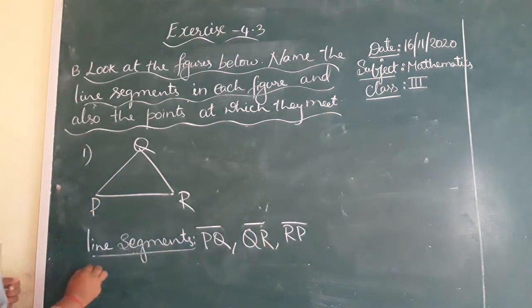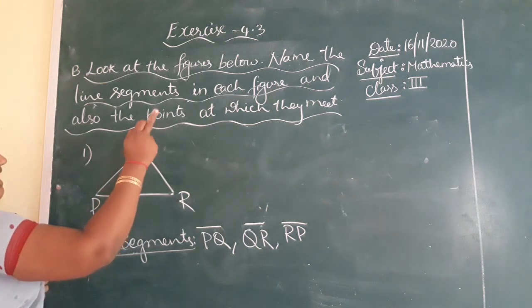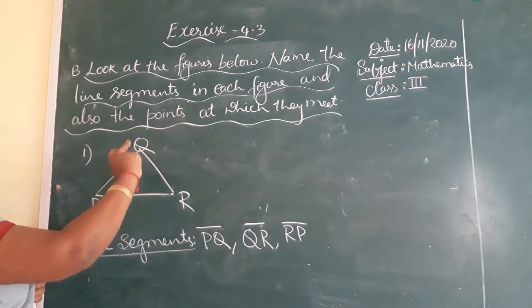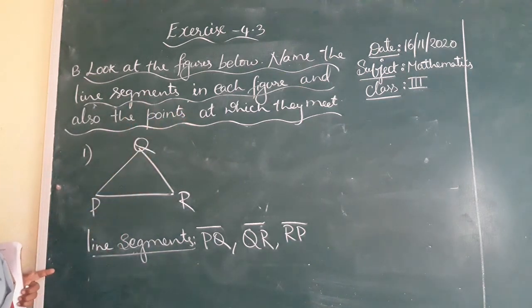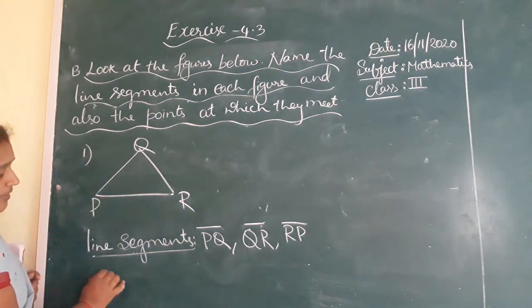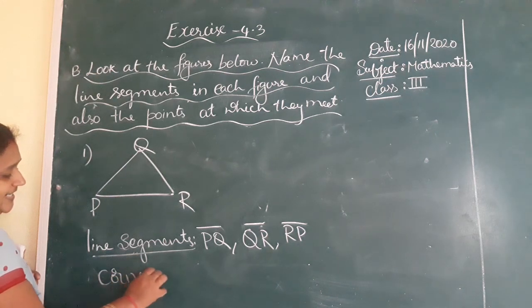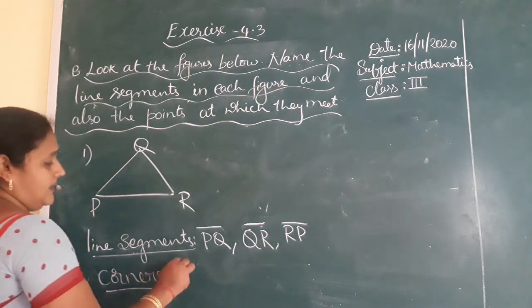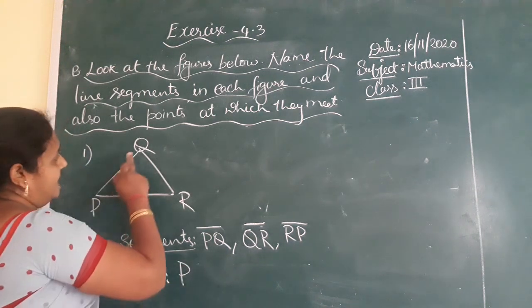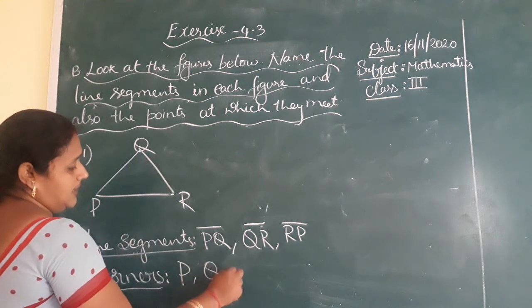After writing the line segments in each figure, they ask us to write the points at which they meet. Which they meet means you have to write the corners or vertices. What are the corners here? P, Q and R.